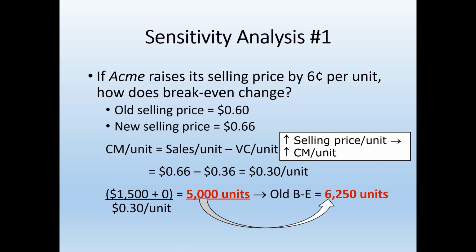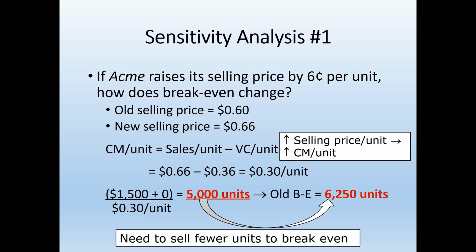When we compare that to the old break even, we see that as the contribution margin goes up, the firm needs to sell fewer units in order to break even.